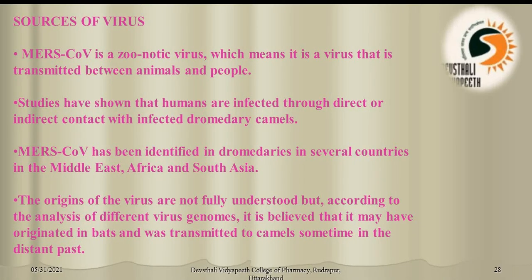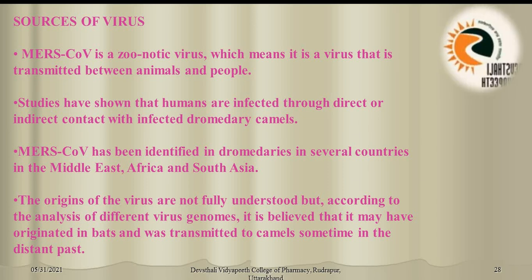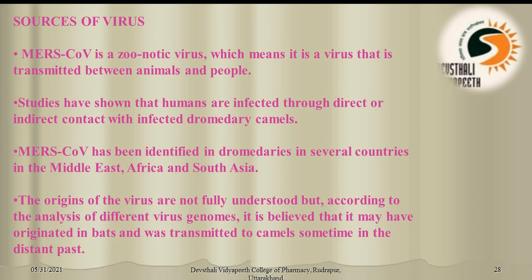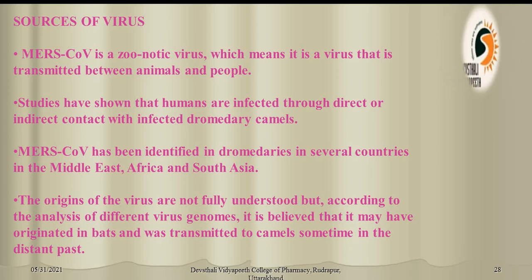MERS-CoV is a zoonotic virus. That means it is a virus that is transmitted between animals and people, and studies have shown that humans are infected either through direct contact with each other or through indirect contact with infected dromedary camels. So the intermediary host was the dromedary camel.